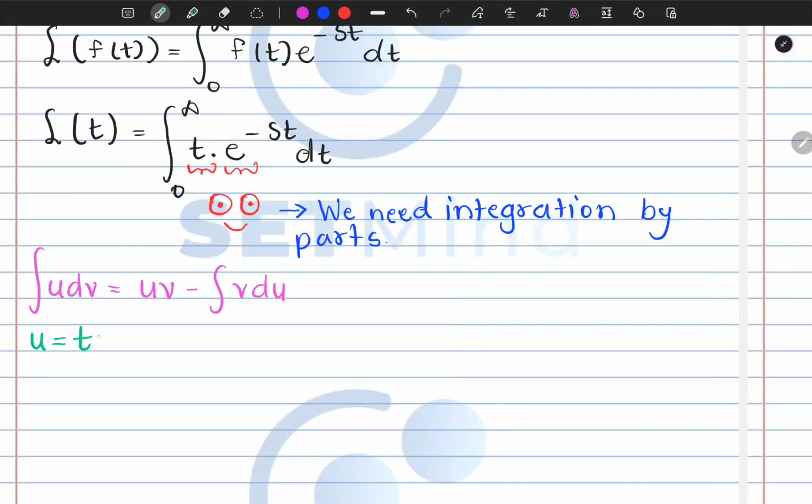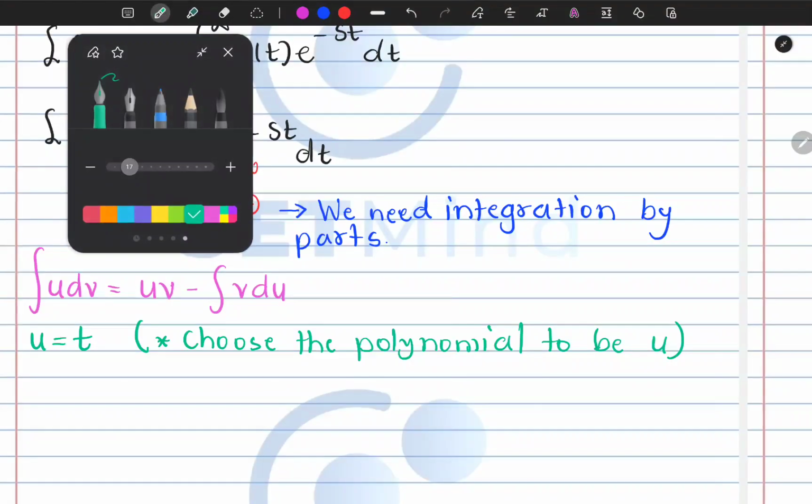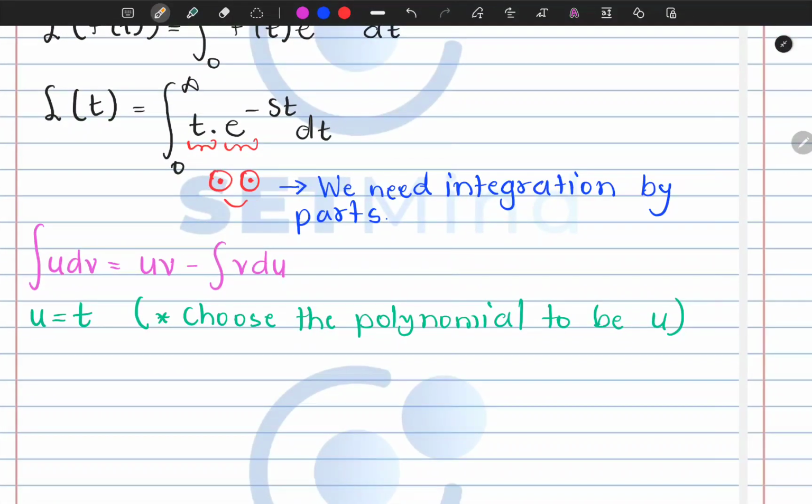So my u is going to be t. What you usually do is you usually choose the polynomial to be the one which is going to be u. And the reason why you choose the polynomial to be u is because when you differentiate, it will eventually get to 0. And once we've chosen our polynomial, whatever was multiplying t becomes dv by default.